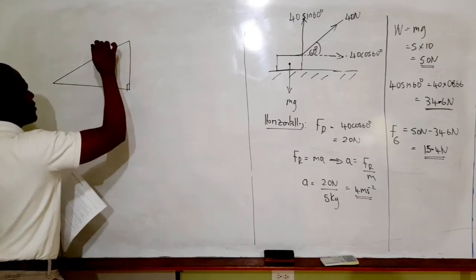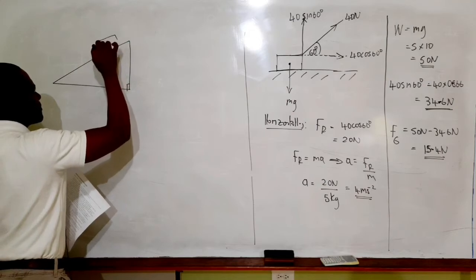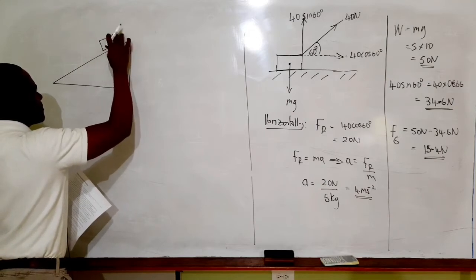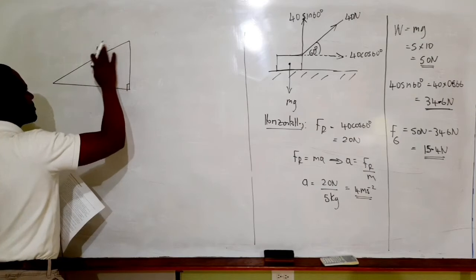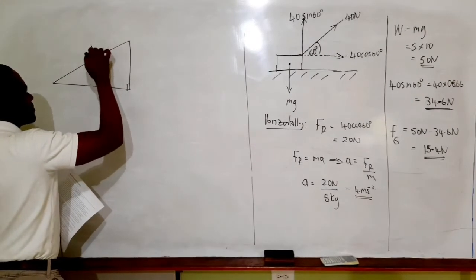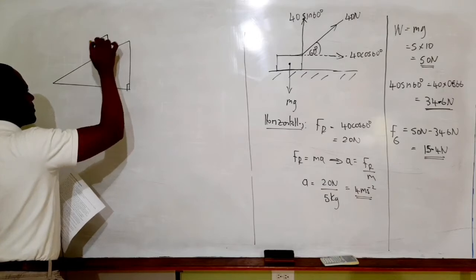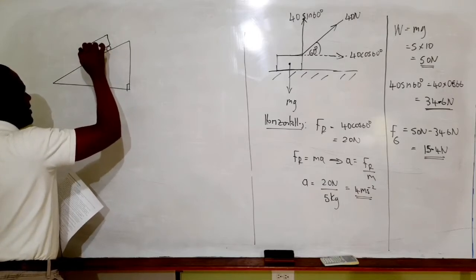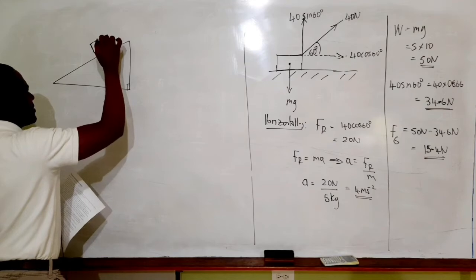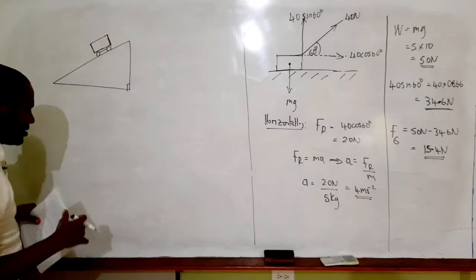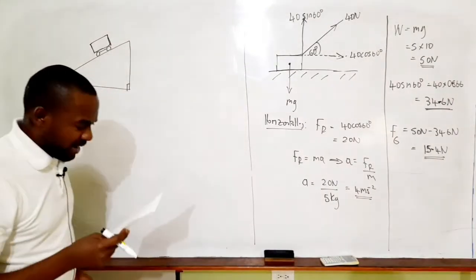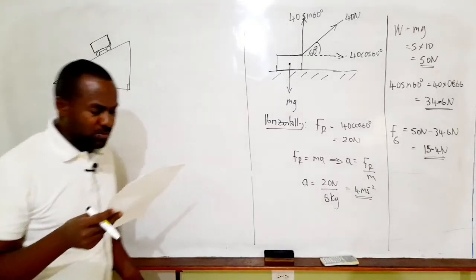So let this be the truck. Right, so let that be the railway truck. So what are we told? It is moving down the incline with an acceleration of 0.05 meters per second squared.